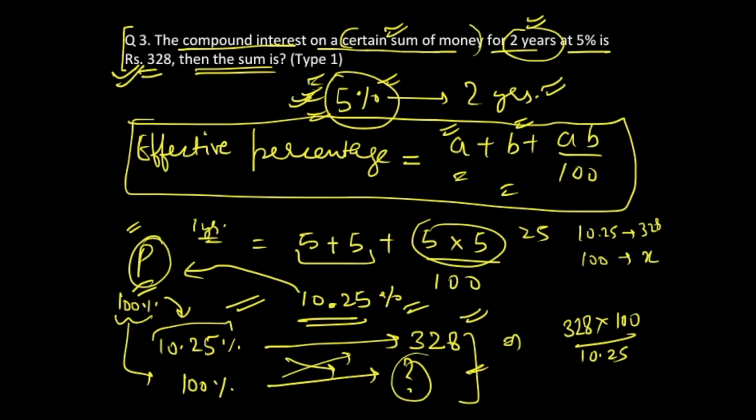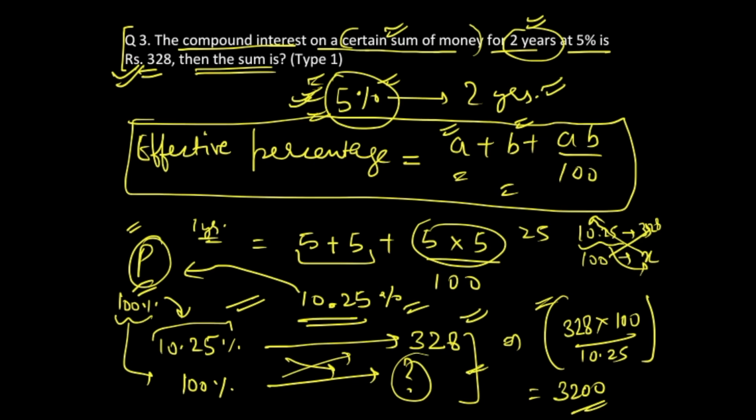So this x goes over here in the cross multiplication, and this 100 goes over here, and this 10.25 comes in the denominator. If you try to solve this, make an effort to simplify it as much as you can, and your final answer is going to be rupees 3200, right?